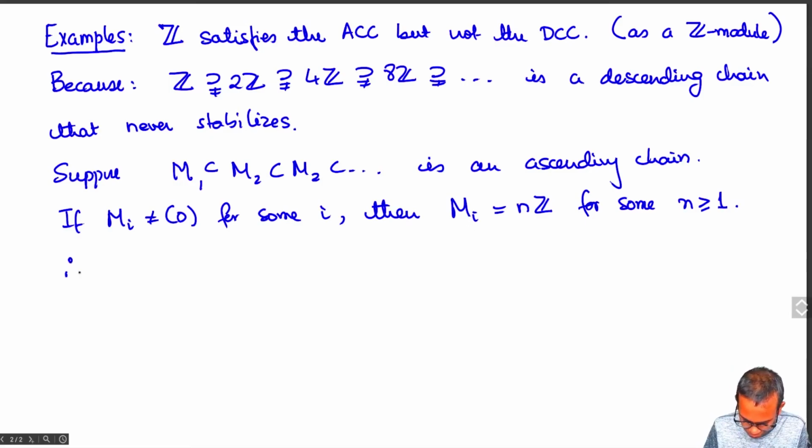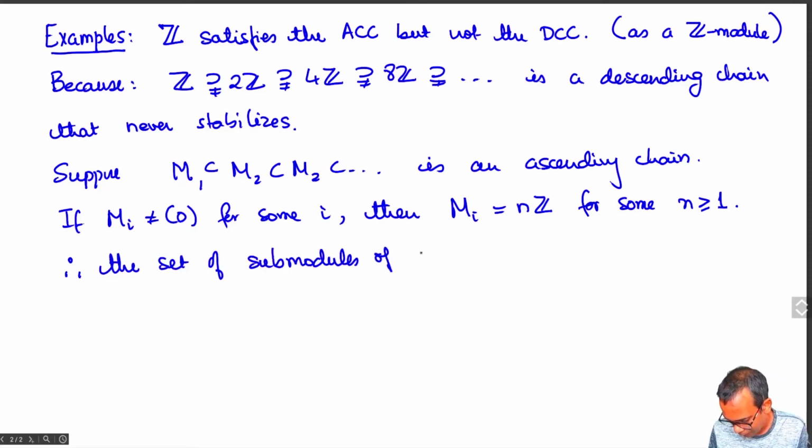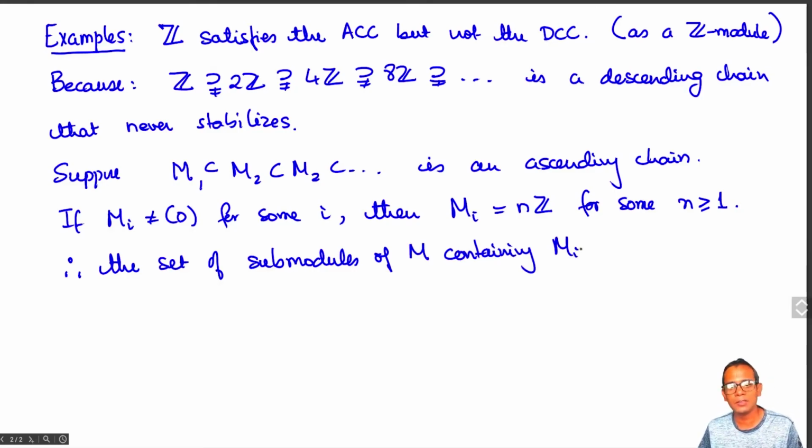So therefore, the set of submodules of M containing Mi, which is going to be in bijective correspondence with submodules of Z mod nZ, is finite.